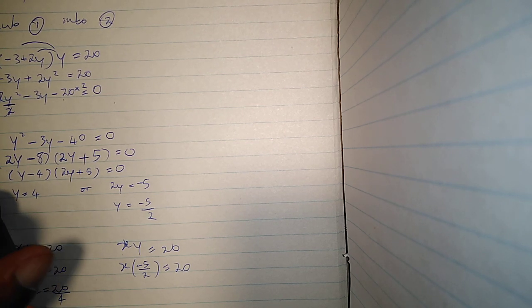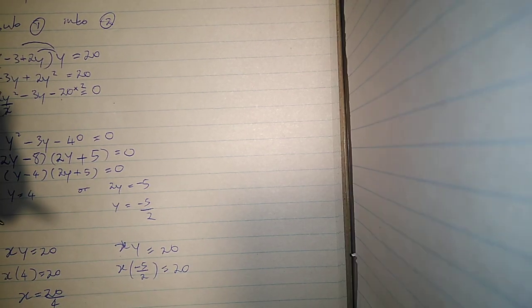And also we got another value for y, which was negative 5 over 2. Solve for x here: x is equal to 20 divided by 4, which is 5.